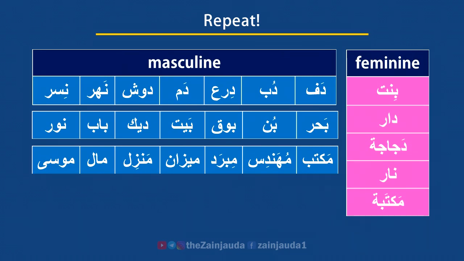For those who have no idea about syllables, we have tackled this in lesson number 2, so please check it out. مبرد. Two syllables. ميزان. Two syllables as well. منزل. Two syllables as well. مال. One syllable. موسى. Two syllables as well.